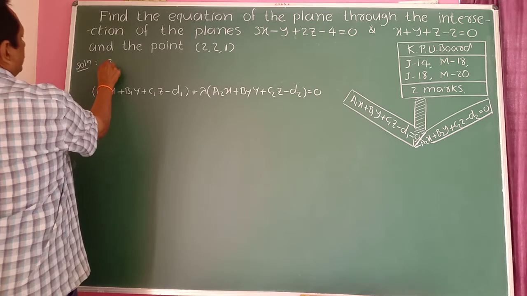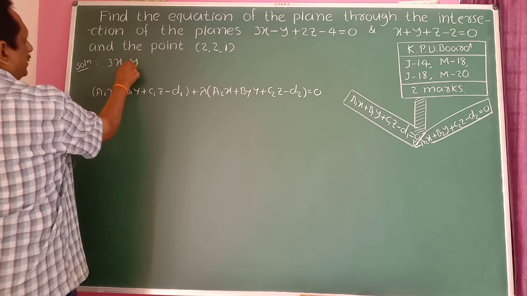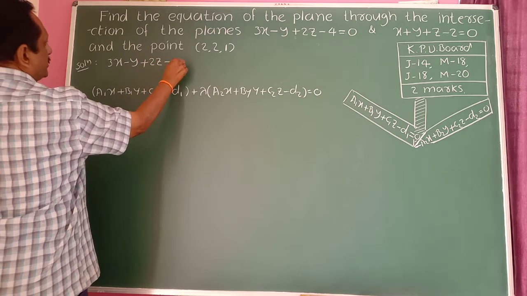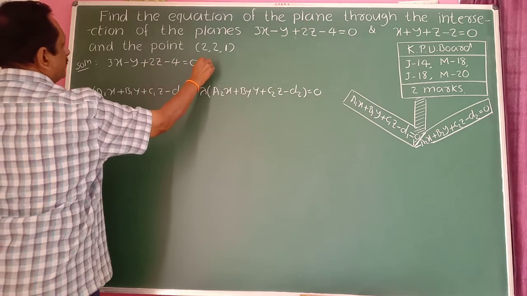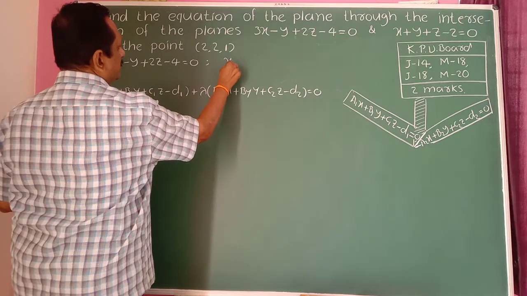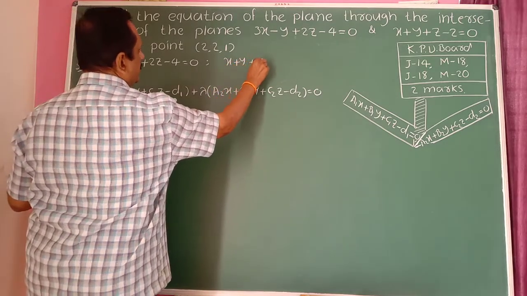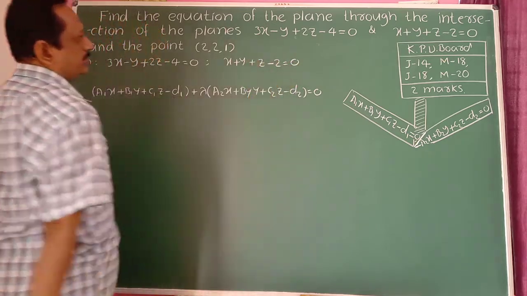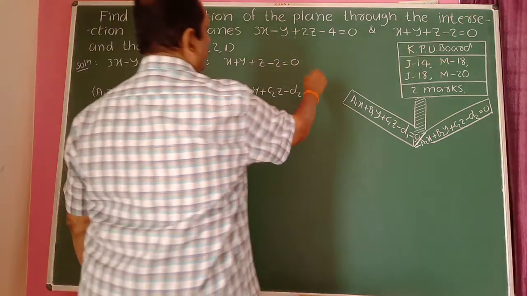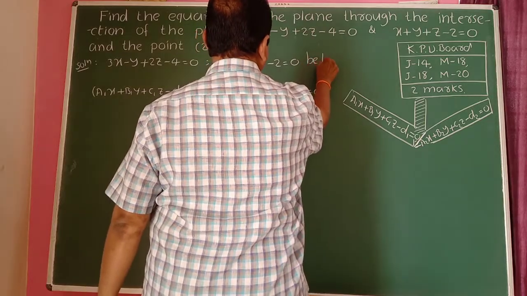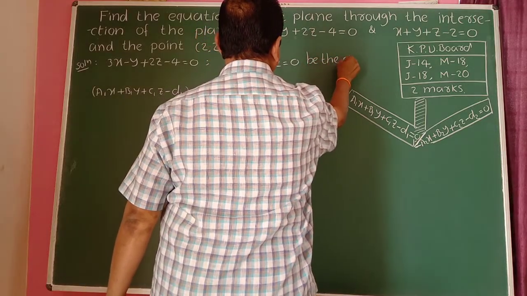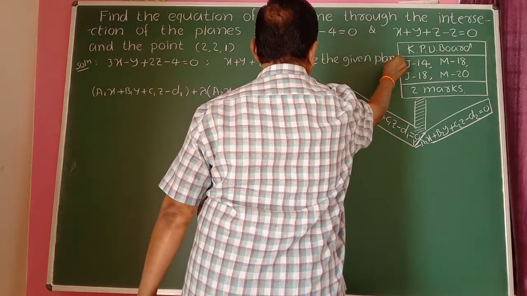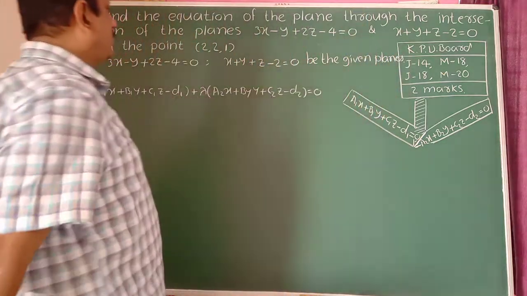So 3x minus y plus 2z minus 4 is equal to 0 and x plus y plus z minus 2 is equal to 0. Okay, be the given planes.